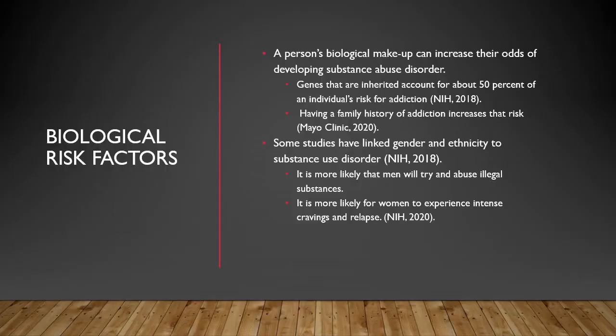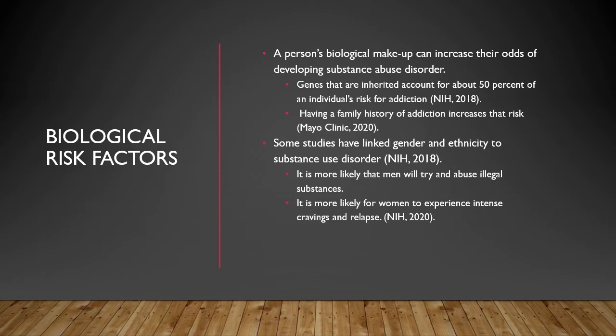All right, let's focus on biological risk factors. A person's biological makeup can increase their odds of developing substance use disorder. We've seen a little bit about this in our last lecture about how substance use disorder is considered an inheritable trait.